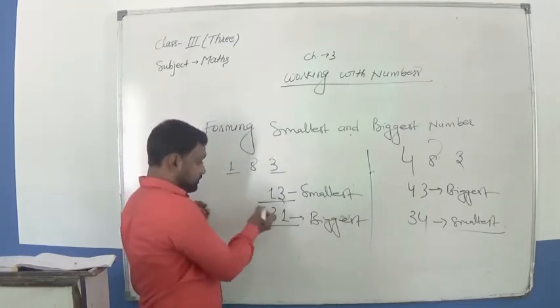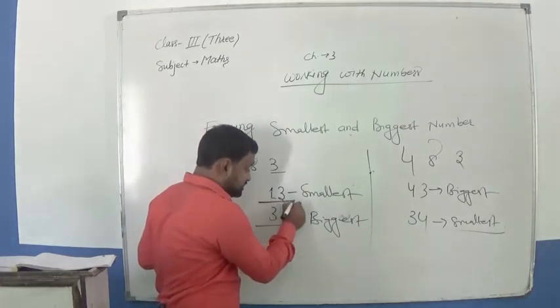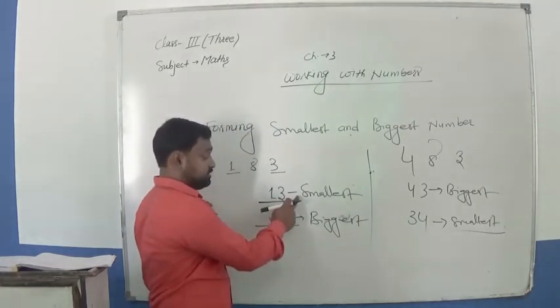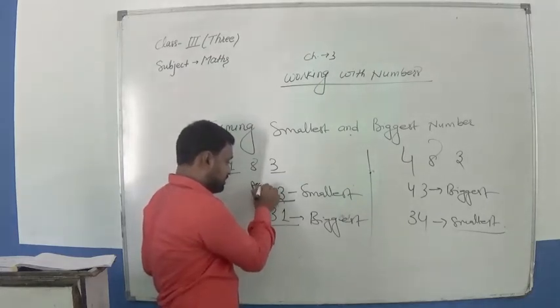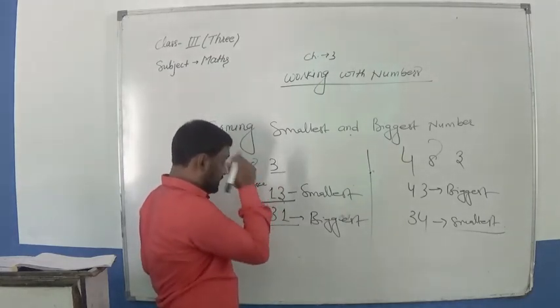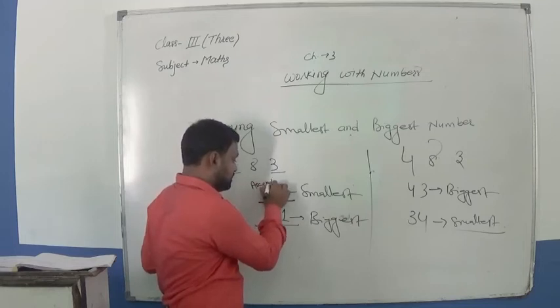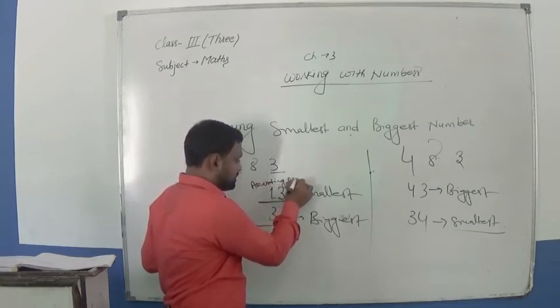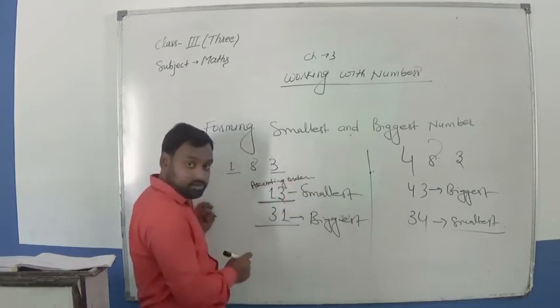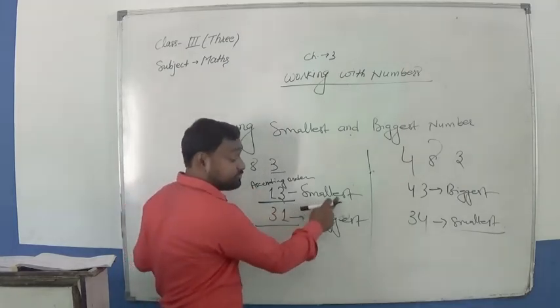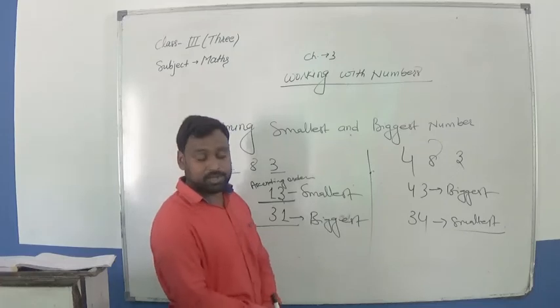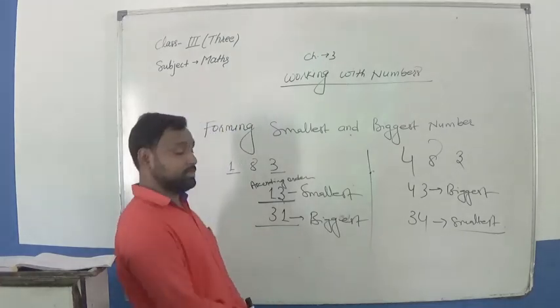When we arrange digits in ascending order, it forms the smallest number.